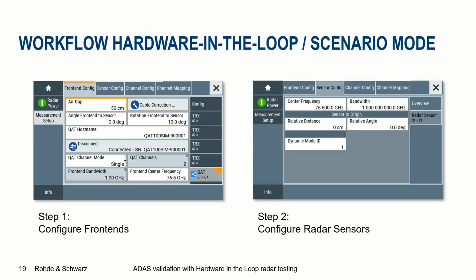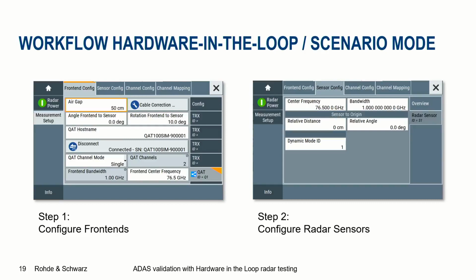This is why you have to configure which front ends are connected. For example, for the QRT 100, you have parameters like the air gap. You can tell us the distance between the sensor and the RF front end. There are other parameters, like the angle it's placed at and which frequency band it's working on.